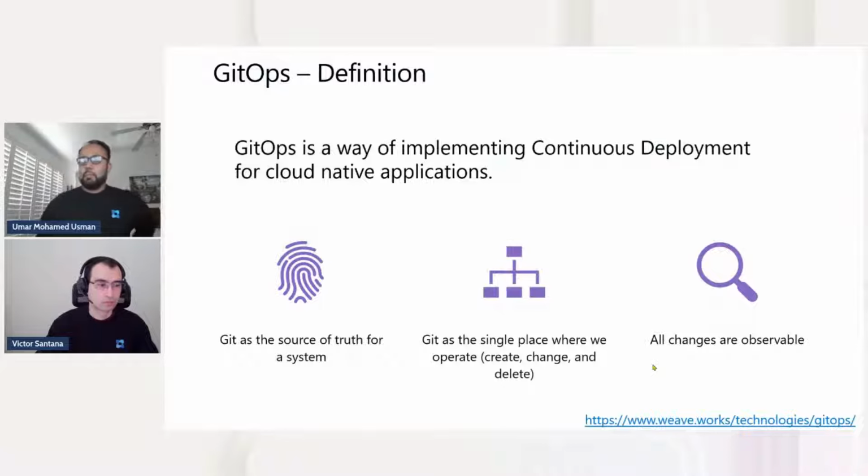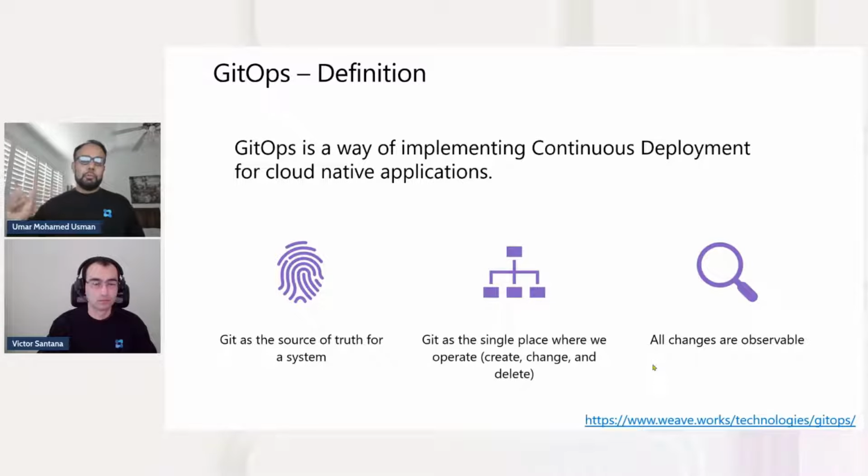With that, let's quickly jump into GitOps. What is GitOps? The definition of GitOps is a way of implementing continuous deployment for cloud native applications. Okay, let's break that down. GitOps is a way of implementing continuous deployment.